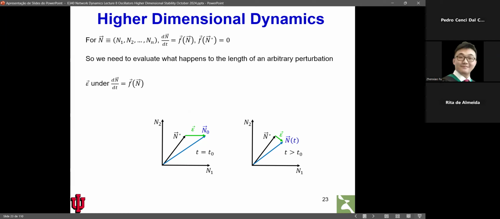Now you see that n naught starts here, but the length of this perturbation in time is decreasing, even if it is changing direction. But the main thing is that there is a value of epsilon that is going to return there.